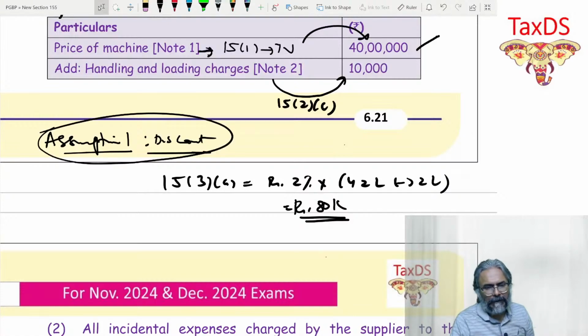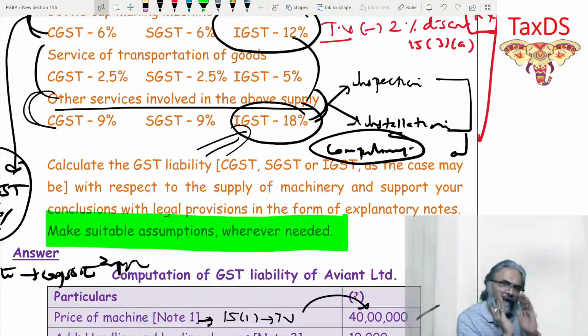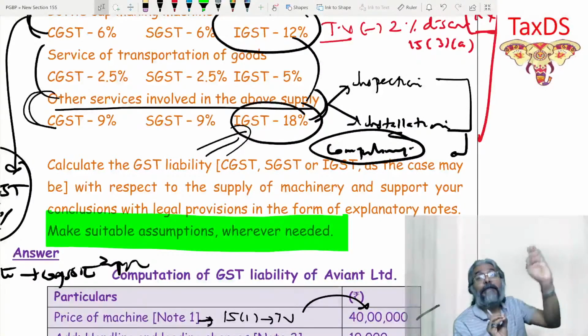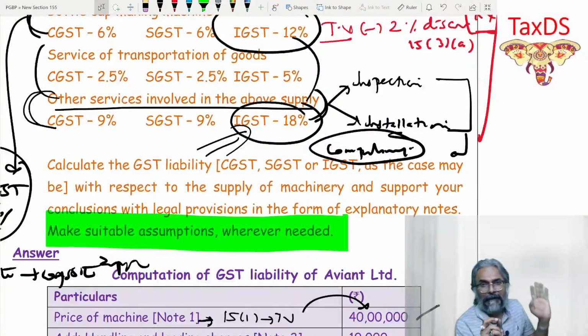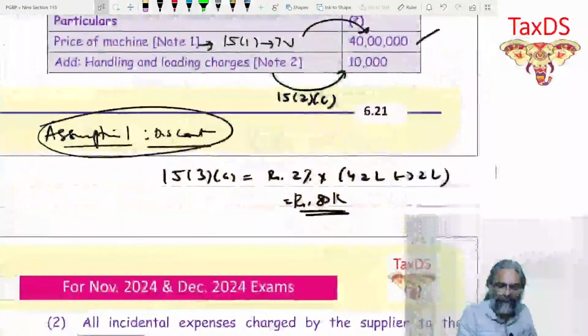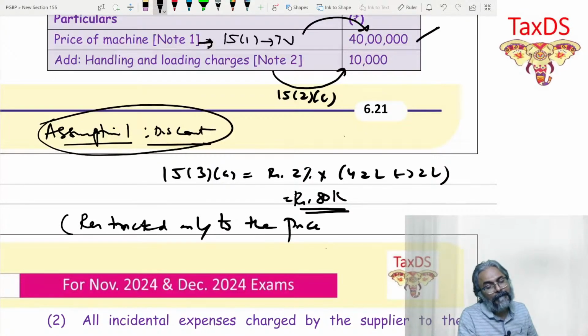Fine, students. This is the note, the assumption that we are putting up, that it is restricted only to the price and not to the further add-on to the price.